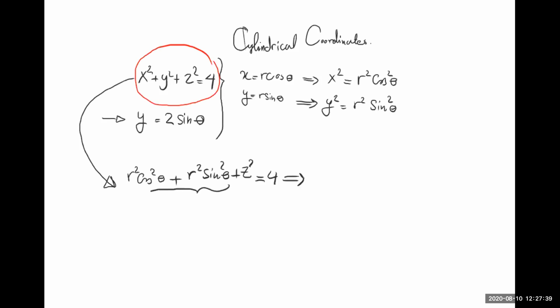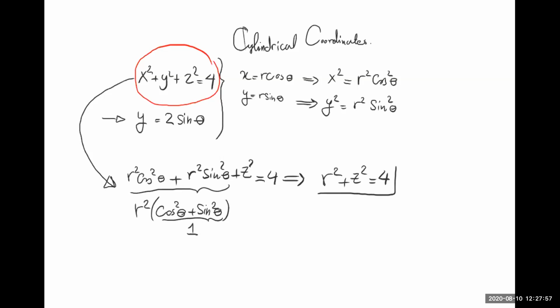Here, if I factor r squared, I would get cosine theta squared plus sine theta squared, which is 1. So r squared plus z squared equals 4. That's the equation of the sphere in cylindrical coordinates. So if we want to use cylindrical coordinates, we should first write down this equation in cylindrical coordinates. What about the second one?